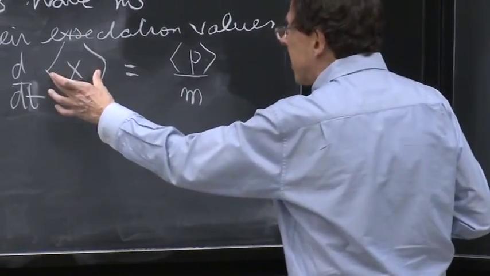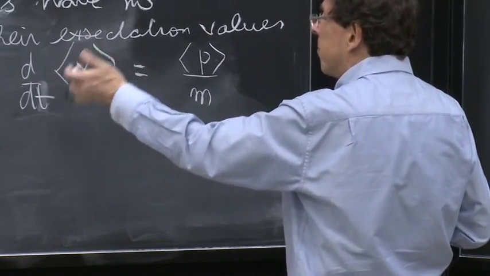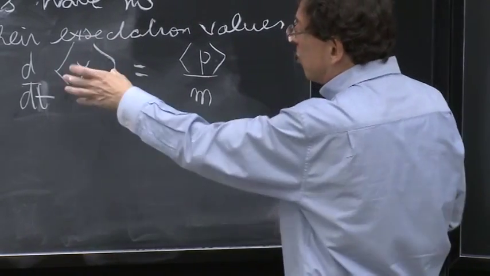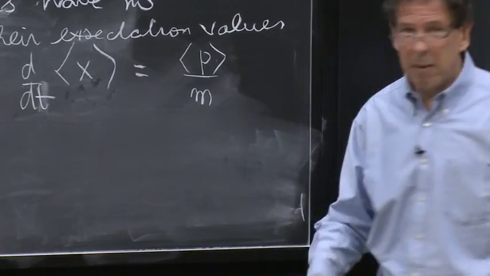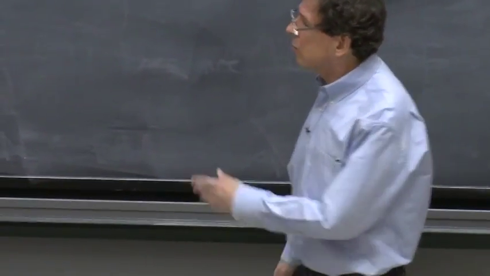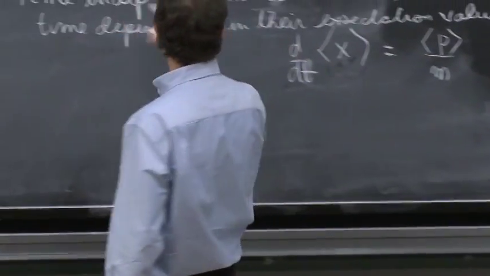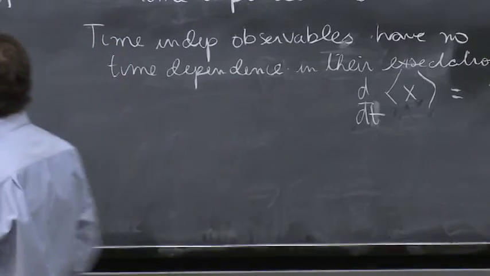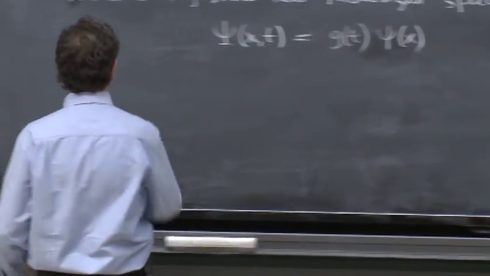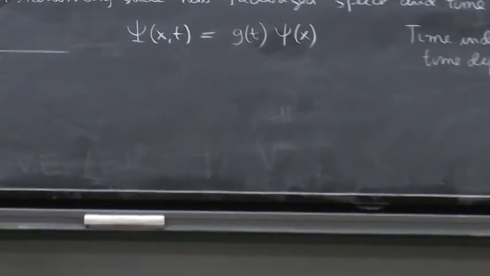The states, the psi of x and t, have time dependence, and sometimes it just doesn't drop out. But for stationary states, it will drop out, as you will see. So, time independent observables have no time dependence in their expectation values. Okay, so enough of saying things, and let's just get to them.